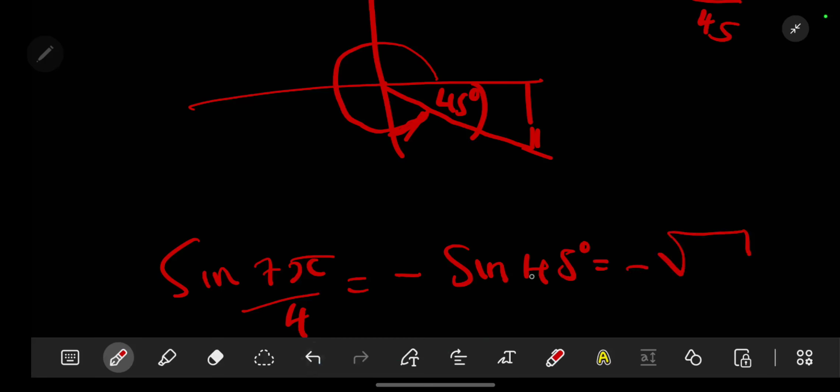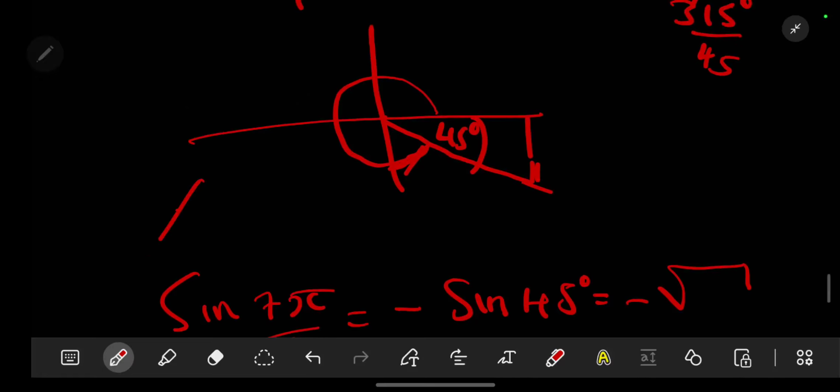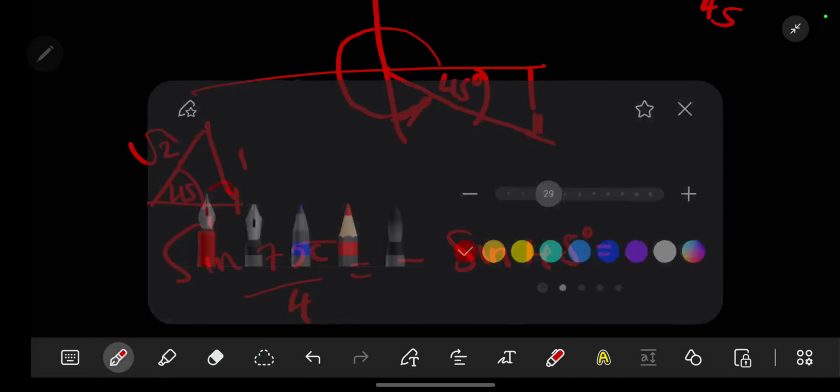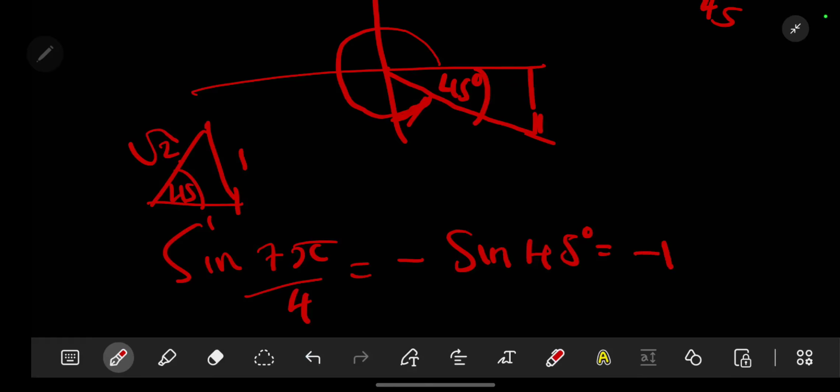If you remember, for 45 degrees the opposite is 1 and the hypotenuse is the root of 2, so sine is opposite over hypotenuse, 1 over the root of 2.